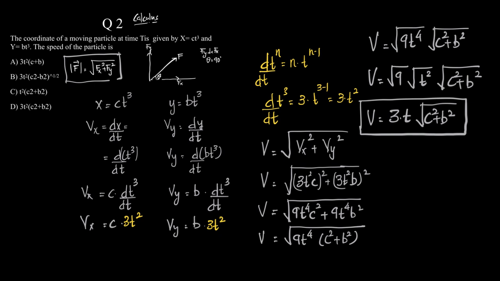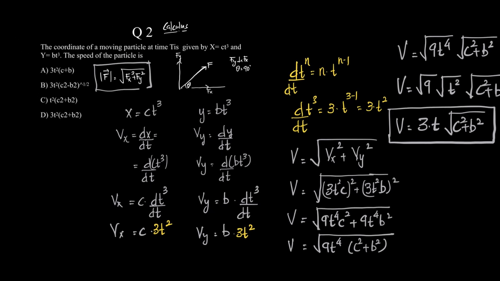Alright, so what is the correct option? The correct option here would be 3t square root of c square plus b square, which is option B.